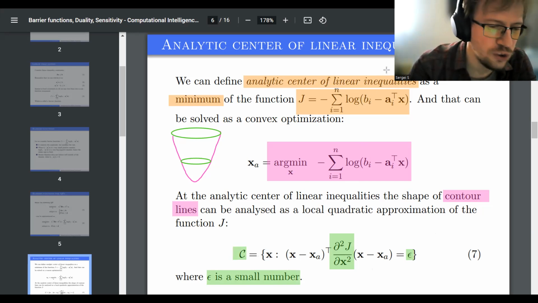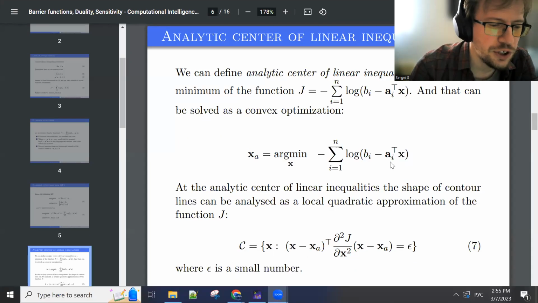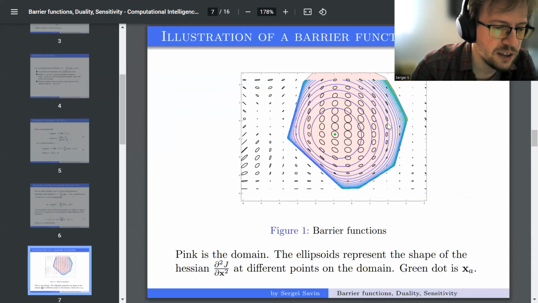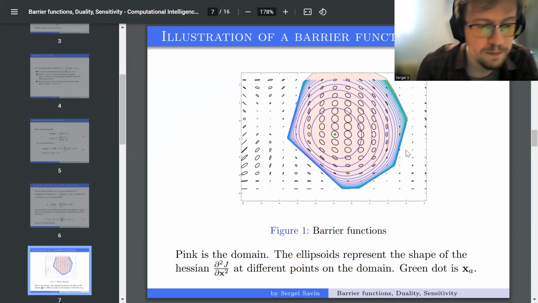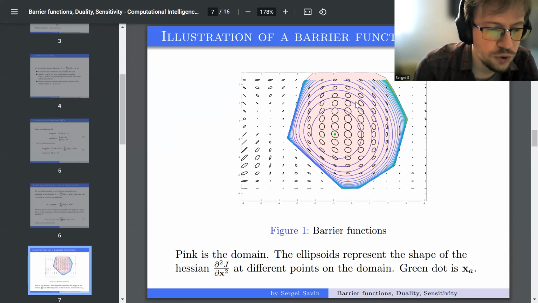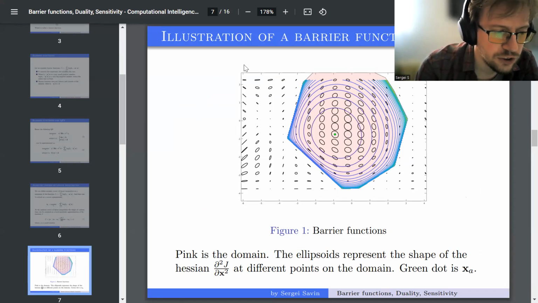So let us just look at it visually. Here is an example. This is a domain. Everything that is colored is a domain. Now, blue is contour lines, true contour lines of the domain. So, for example, this is a contour line.